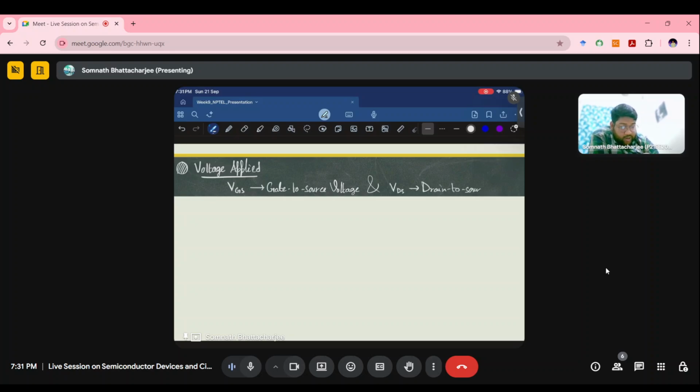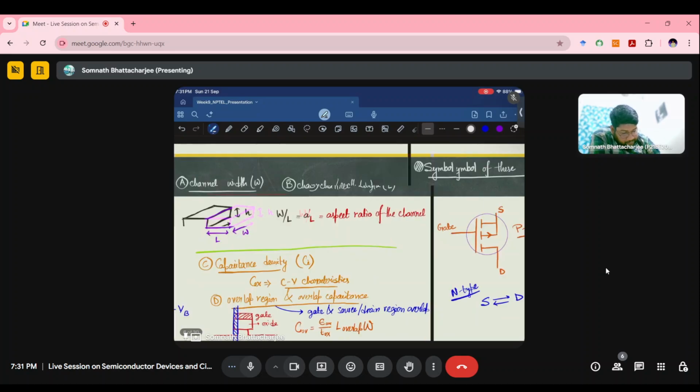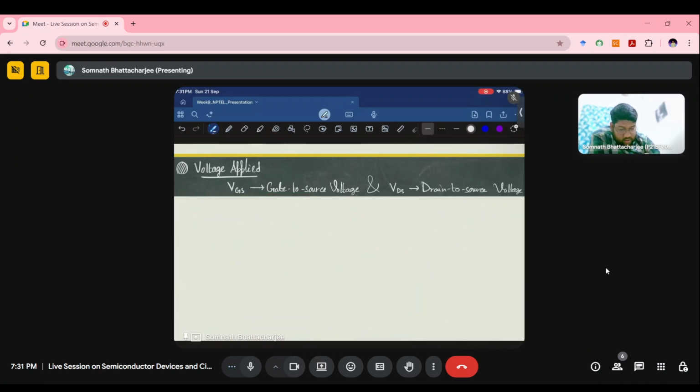As I have already discussed, that is the difference between the applied gate voltage with respect to the source voltage applied. In most of the cases, those are normally zero or they are grounded. And this is the E parameter here.